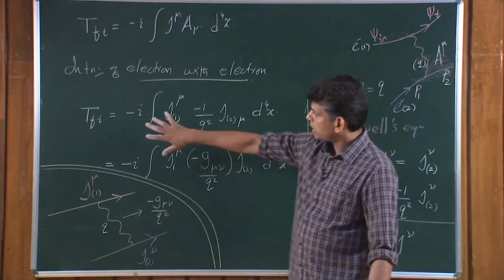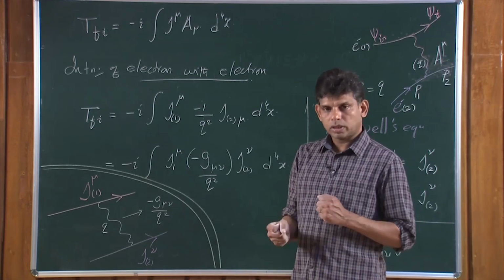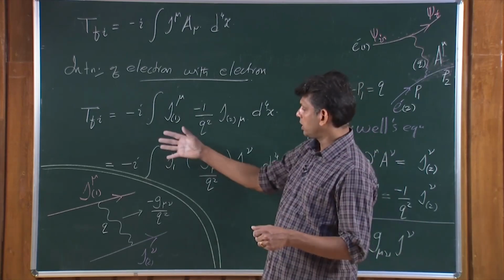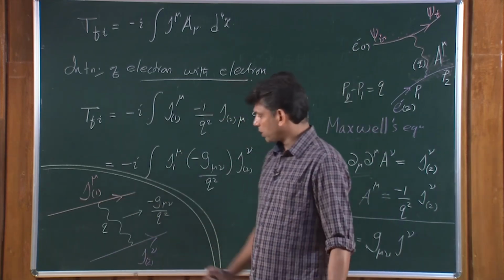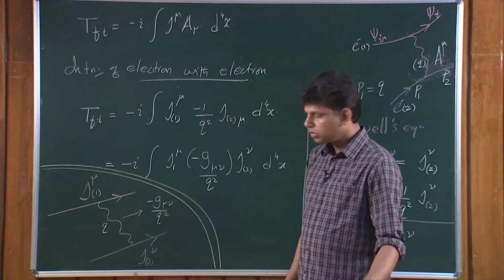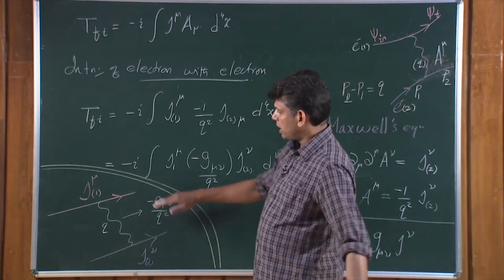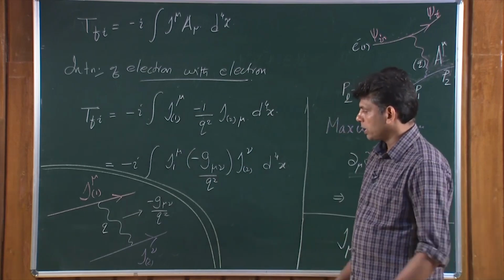And the transition amplitude, which is finally related to the scattering cross section or the probability for such an interaction, for such an initial set of electrons going into a final set of 2 electrons through this photon. This is the way we will understand the interaction of electron and electron.